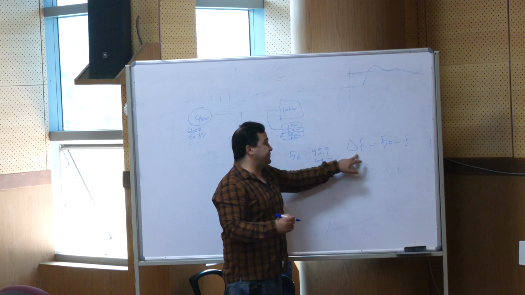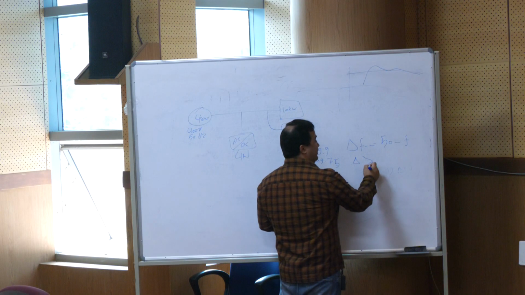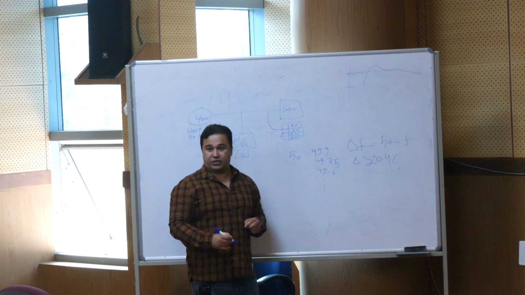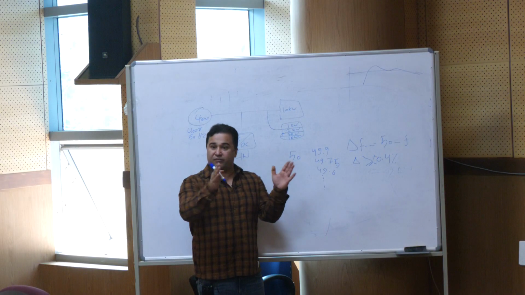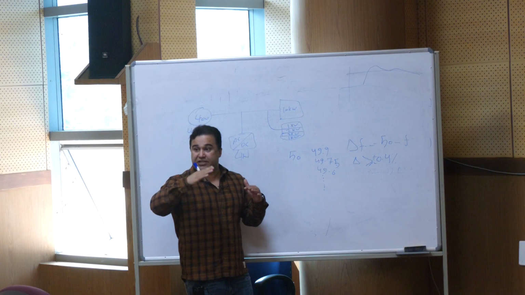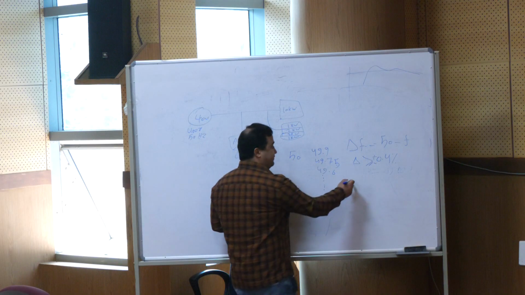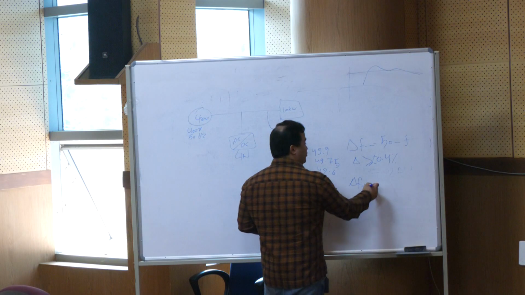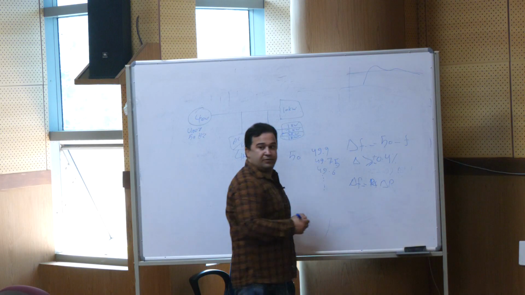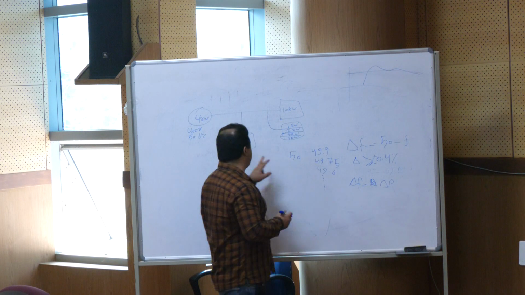If delta changes more than 0.4%, it means that our frequency is in a wrong place. We are not allowed to have more changes than this value. So this gives the information: delta F is equal to K delta P. It gives some information to the converter.